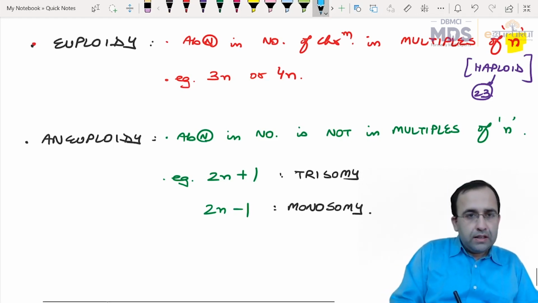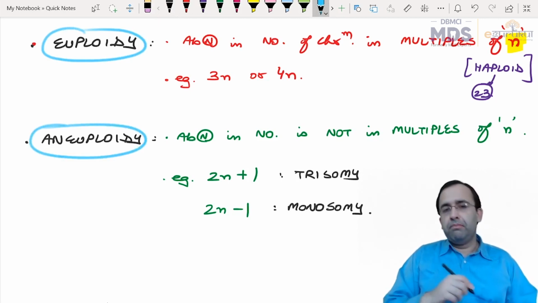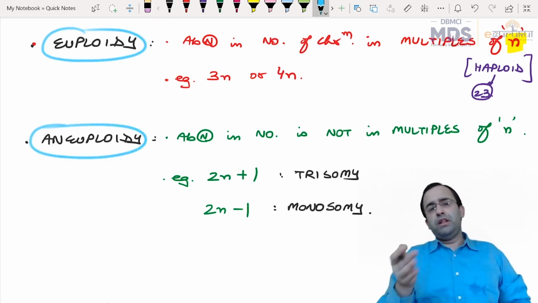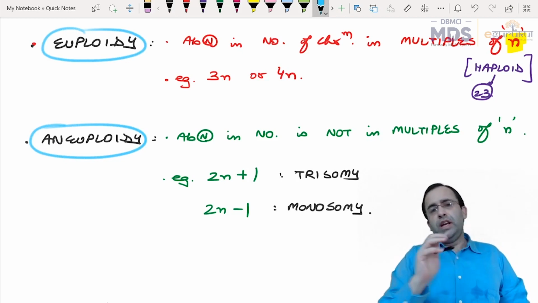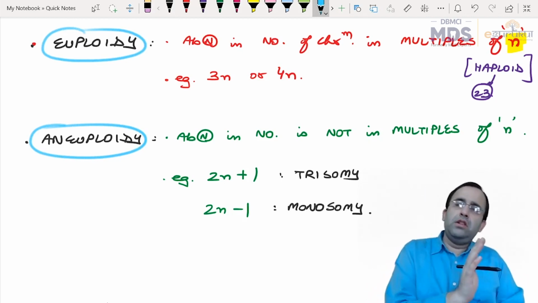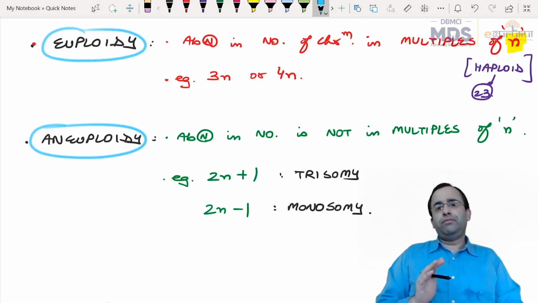So abnormalities in chromosome number can either be in multiples of N or not. In multiples of N is euploidy, not in multiples of N is called aneuploidy.